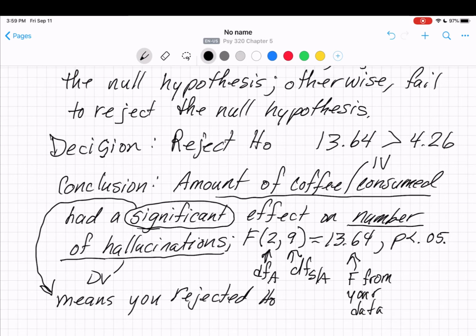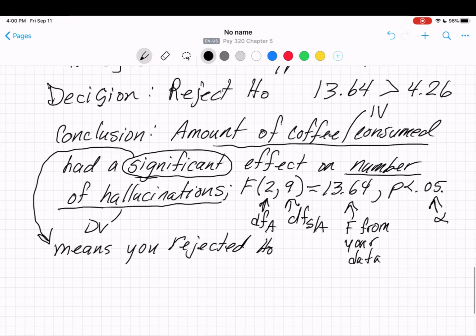Now, the p-value has to do with alpha. You can see the 0.05, that is our alpha value. When you reject the null hypothesis, you write p is less than alpha. This means the probability that you're wrong in rejecting the null hypothesis is less than 5%, which is very small. So let me write that down here.